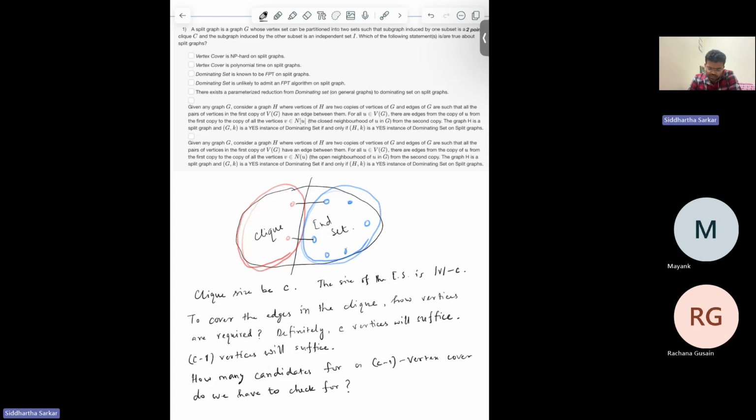Remember that there are c vertices in total in the clique side. In how many ways can you pick c minus 1 of these vertices?